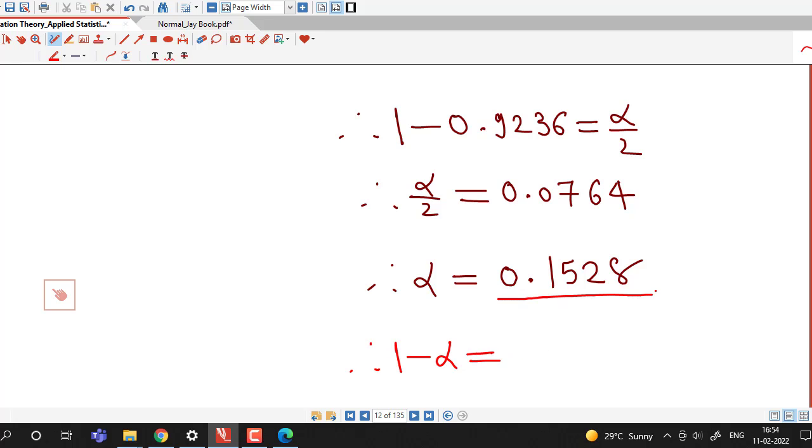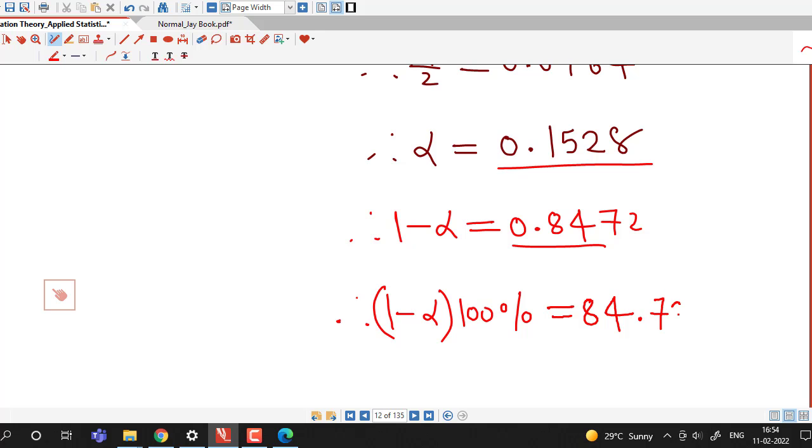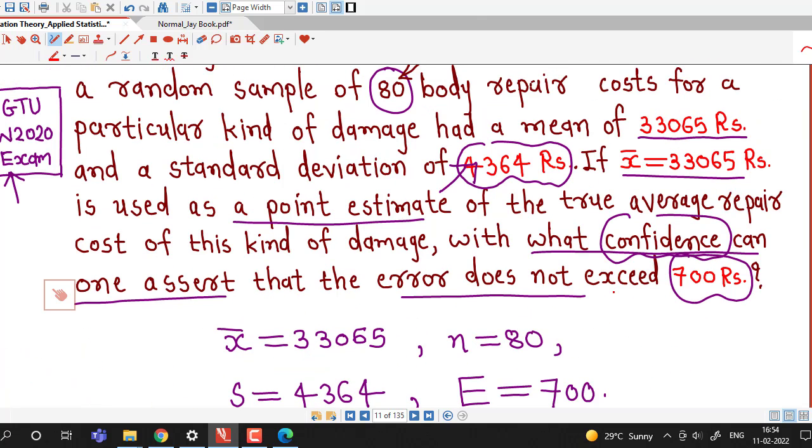So we subtract this from 1 and we obtain that 1 minus alpha is 0.8472, or we can write in the percentage. So the confidence level in percentage form is 1 minus alpha times 100. So this is equal to 84.72%.